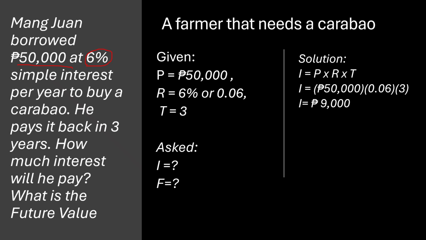And for the second problem, what is the future value? We will use this formula. F equals principal plus interest. Substituting the values, 50,000 pesos plus 9,000 pesos. The answer is 59,000 pesos.